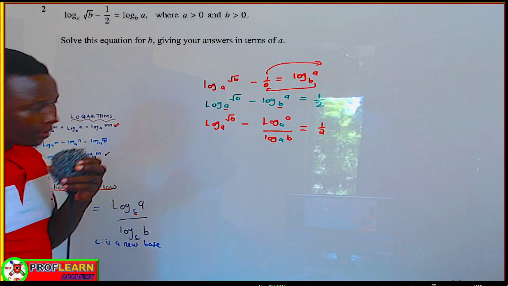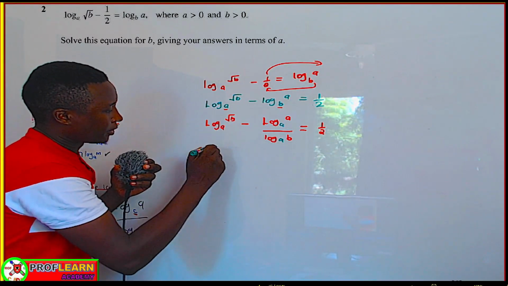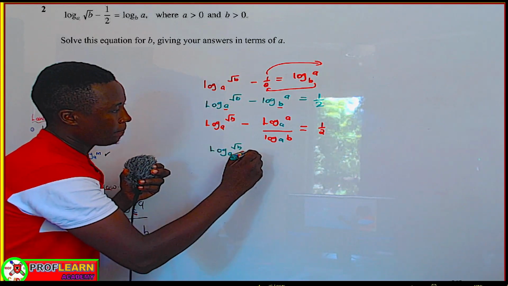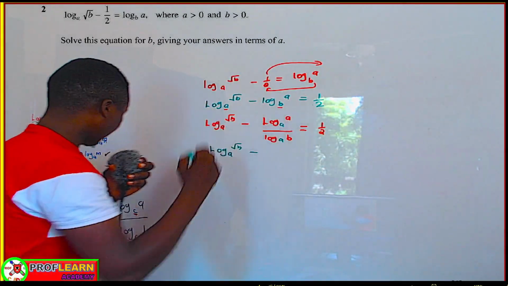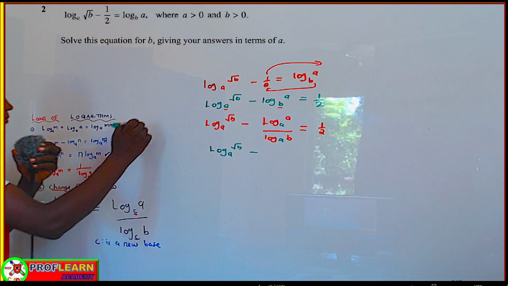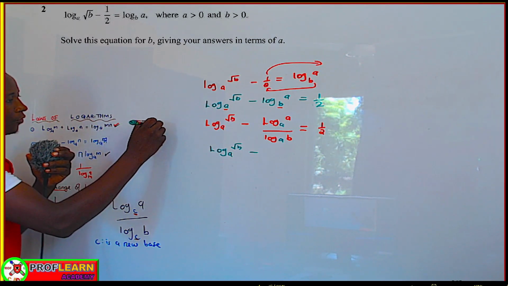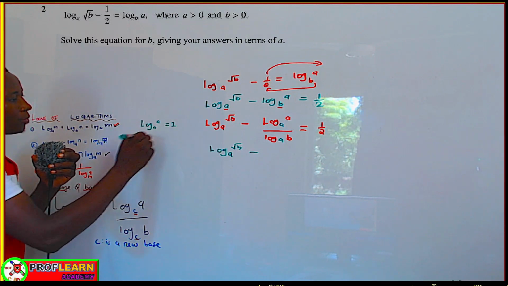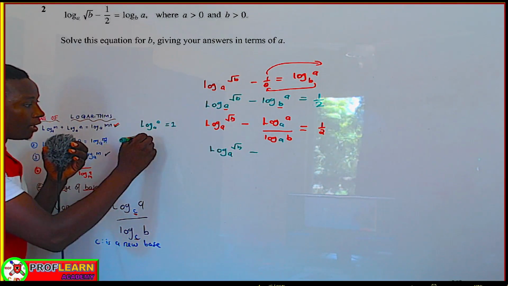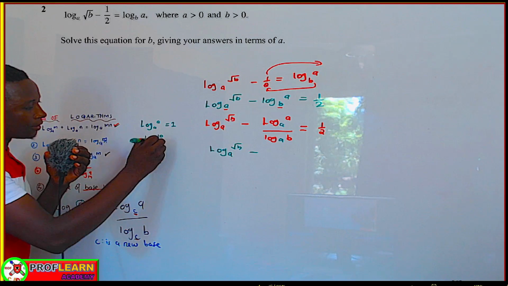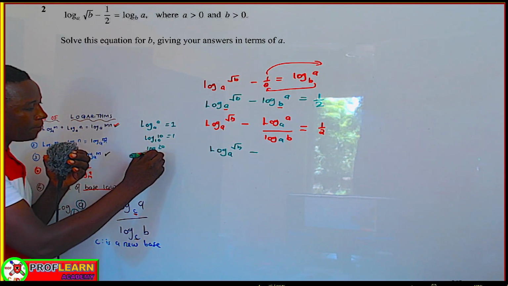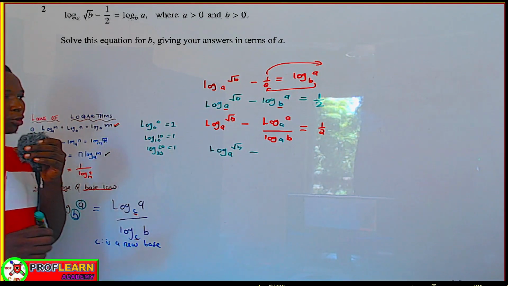Having this, we can say this is log root b base a minus log a base a, which is actually 1. Remember the law: log of a number to the same base is 1. That's why log of 10 base 10 is 1. If you have log 20 base 20, it is also equal to 1.